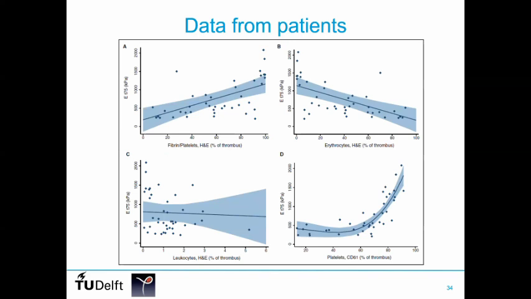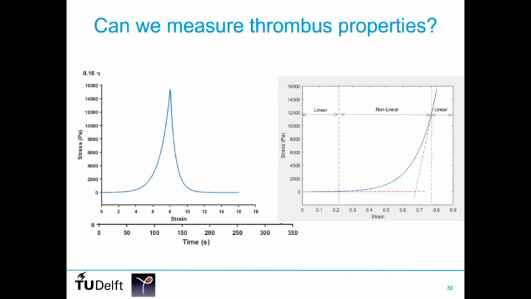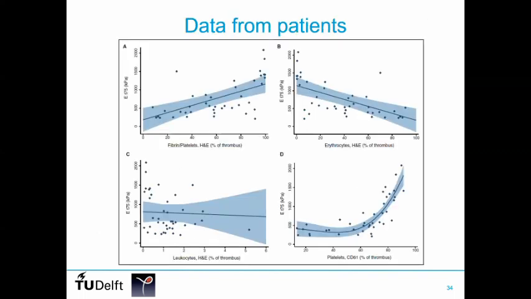In this case, I'm showing only the high strain stiffness, so that's this value here, as a function of the composition that we got from these specimens. These data are from 19 patients, but we got 41 samples that we could measure from these patients. And on our horizontal axis here, we get the amount of fibrin and platelets from the H&E staining.